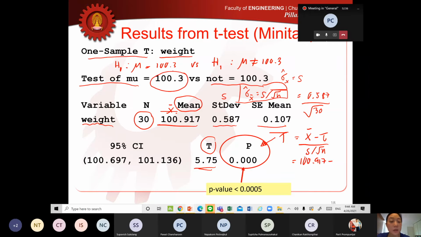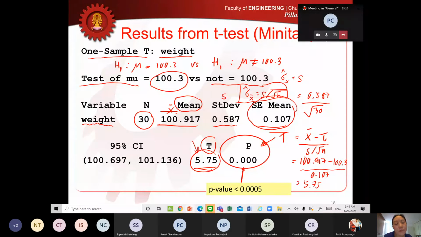Tau is the number that we are testing in the hypothesis, or the true value. And then divided by s over root n, which is the standard deviation of the mean here, 0.107. When you calculate this number, you will obtain 5.75.